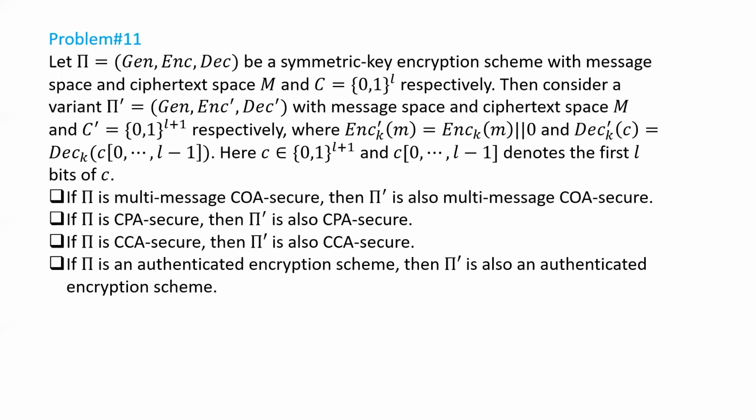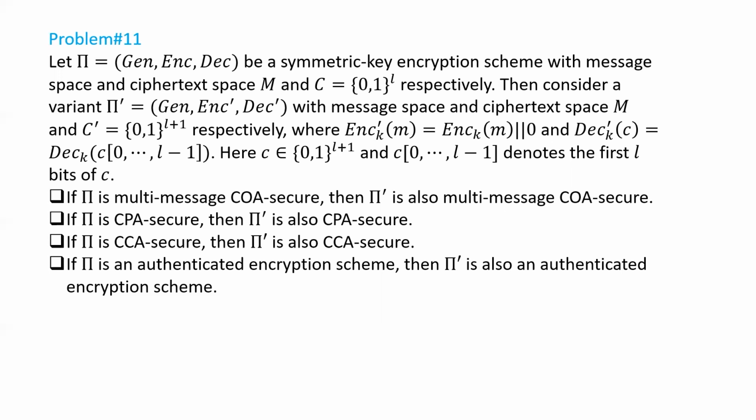Now for analyzing whether pi' maintains the property of multi-message COA security from pi, you see that the modified encryption scheme Enc' just repeats the Enc_K(M) and then concatenates a 0 with it.